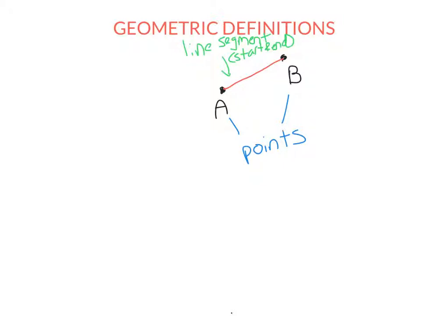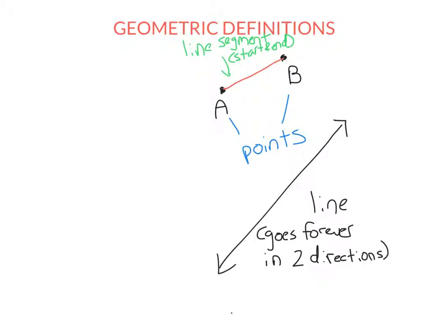So why is that? The reason you couldn't find the distance of a line is a line actually goes on forever. So something like this is what we call a line, but it has an arrow here and an arrow here to indicate that it goes forever. That's what the arrows mean. The line just keeps on going.